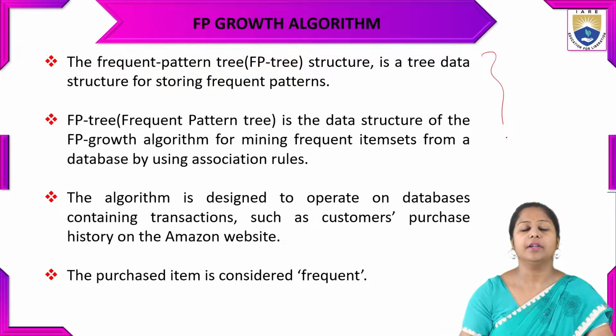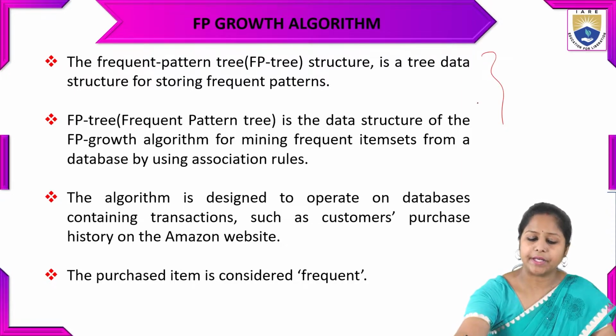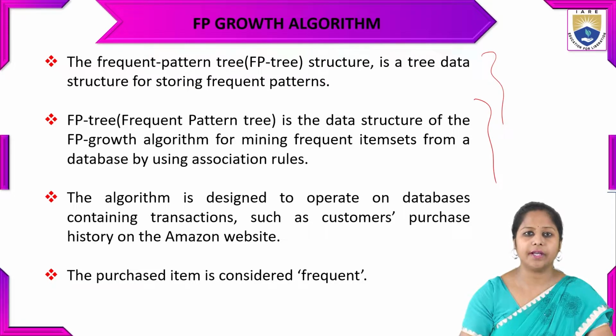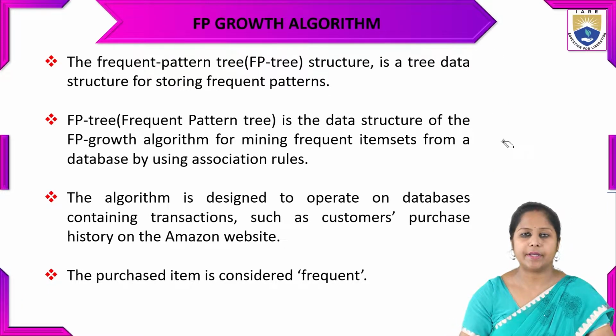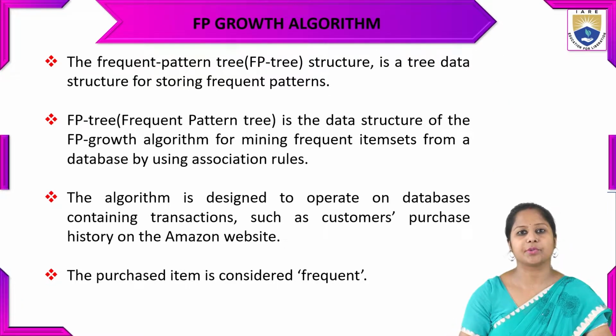So here we are going to store the frequent items. The FP tree is the data structure of the FP growth algorithm for mining frequent items from a database by using association rules.